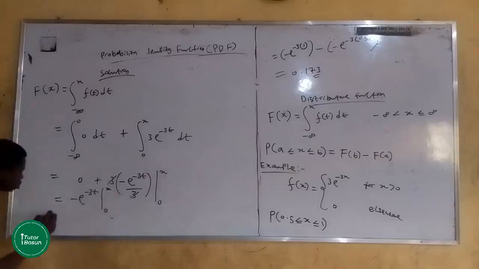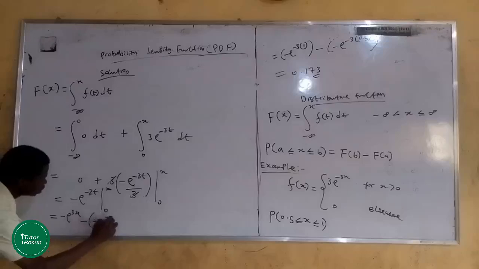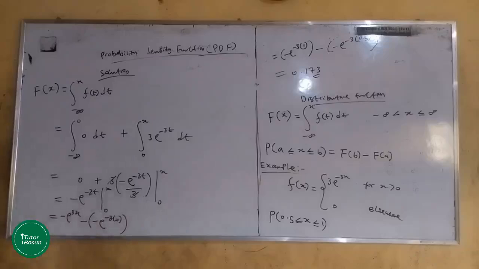So introducing the boundary condition, we finally have minus exponential minus 3x minus exponential minus 3 times 0. Because we have minus here before, it becomes minus.